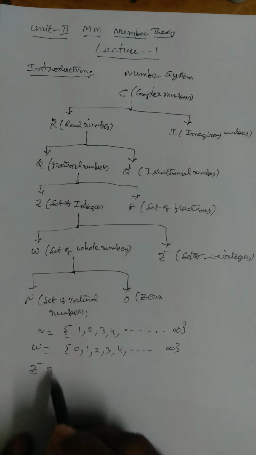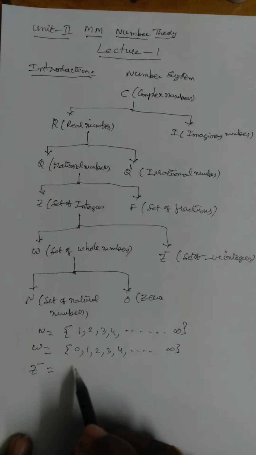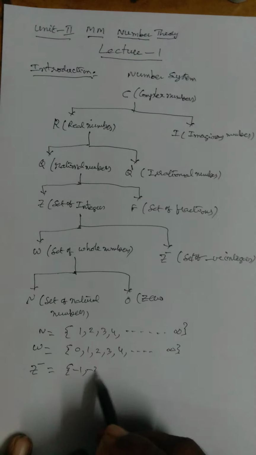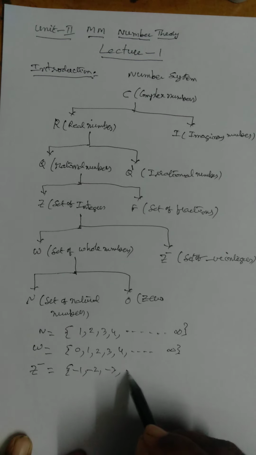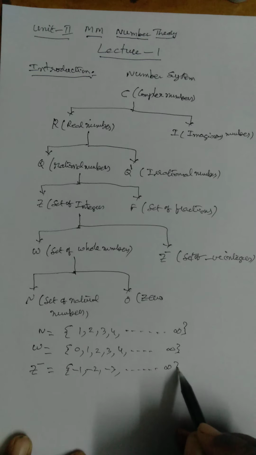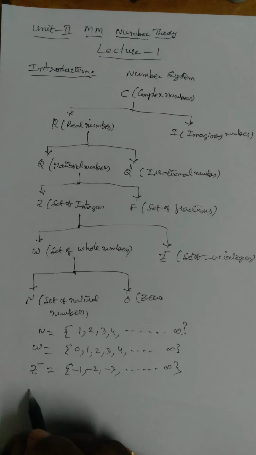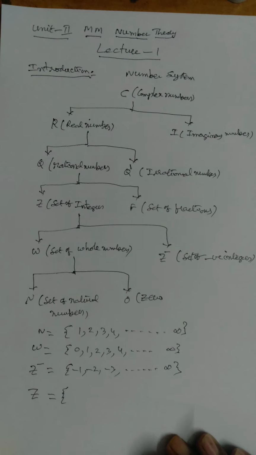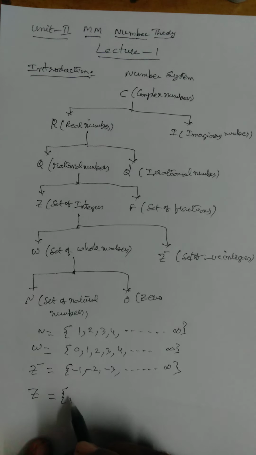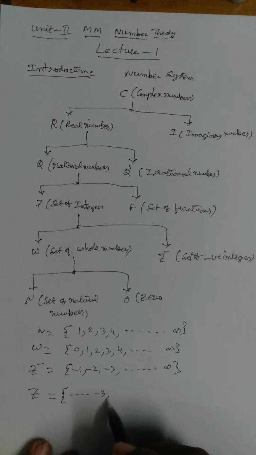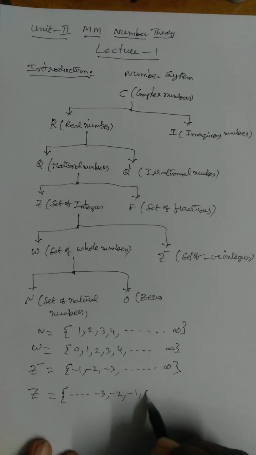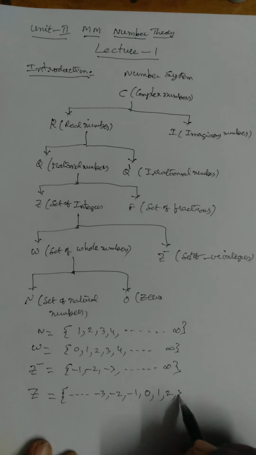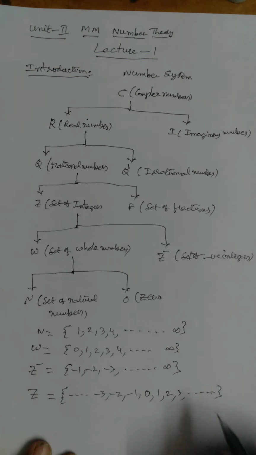Z minus, so negative integers: -1, -2, -3, so on, infinity. Z: negative integers, 0, positive integers. So -3, -2, -1, 0, 1, 2, 3, so on, infinity.